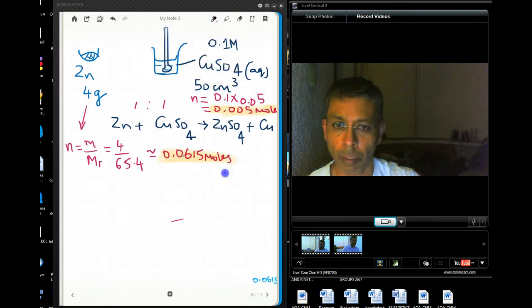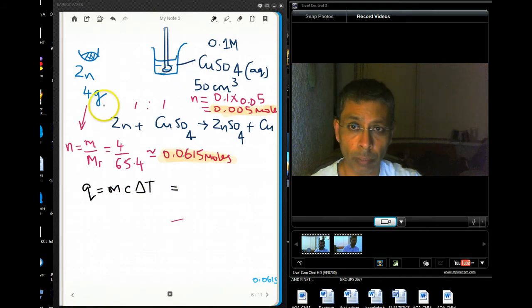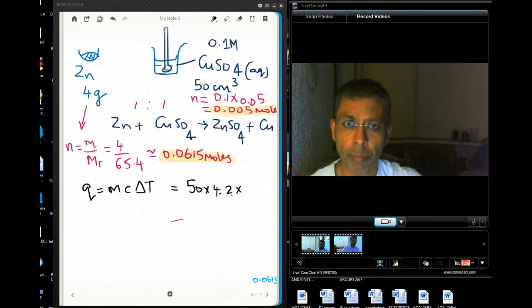Right, so work out the energy change. Q equals mc delta T, which is equal to m. Now the m is the mass of the solution. You don't add the mass of the zinc. It's just the 50 times 4.2 times delta T, temperature change.